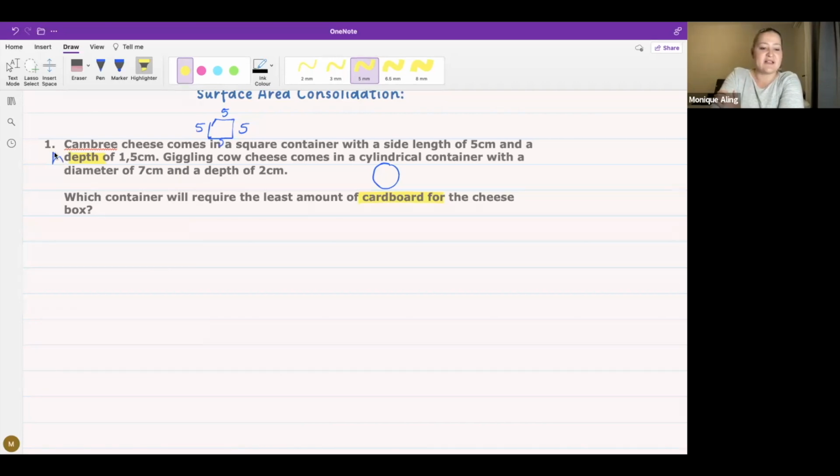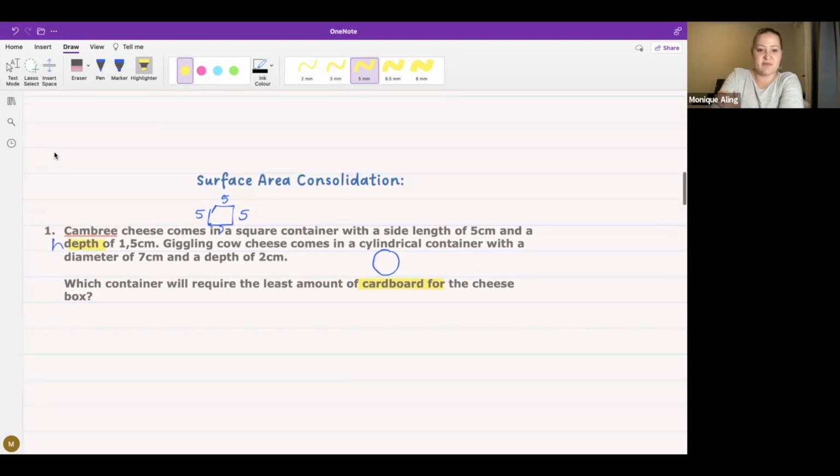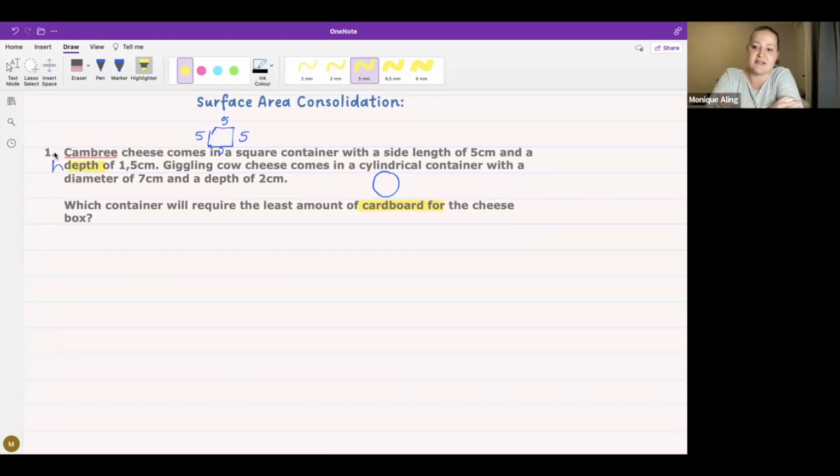We just started the homework question, but we did do a little bit of a recap before this. So can we agree that we are working out the surface area? Because we're working out all the sides of the box, whether it's a square box or a cylindrical box. So it is the surface area. The cardboard makes up the outside sides of the cheese.